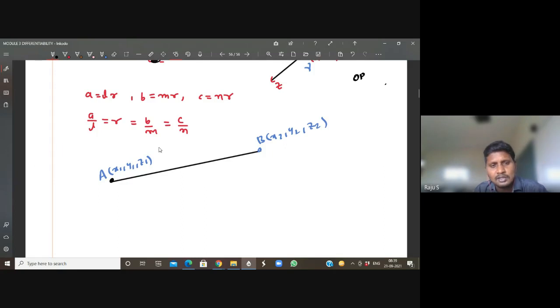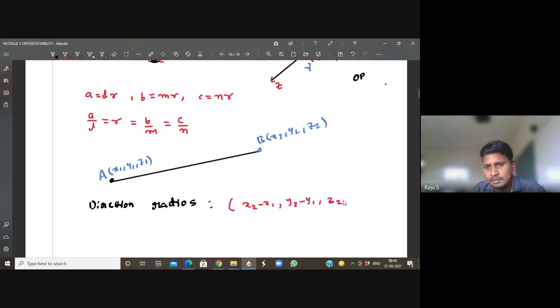The direction cosines. So first, direction ratios. When they have given two points, the direction ratios are given simply by x2 minus x1, y2 minus y1, z2 minus z1, as I already explained.